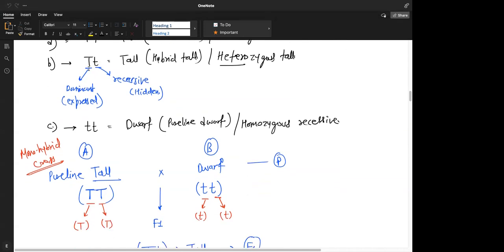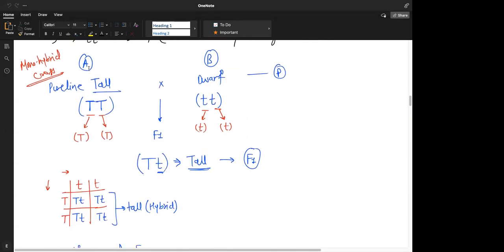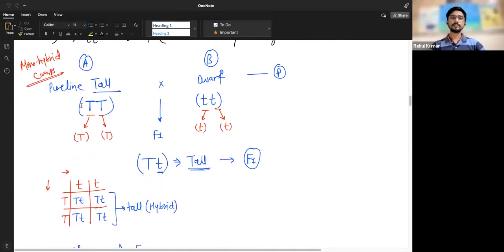I mean monohybrid cross. So this is just a monohybrid cross that we did. We started with a pure tall and a pure dwarf to begin with. Let's say one parent is tall and the other parent is dwarf. Then what happens? Yes, continue.